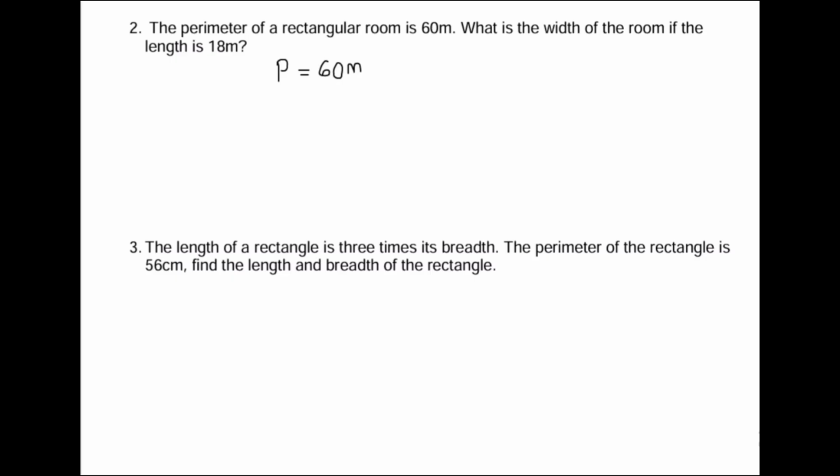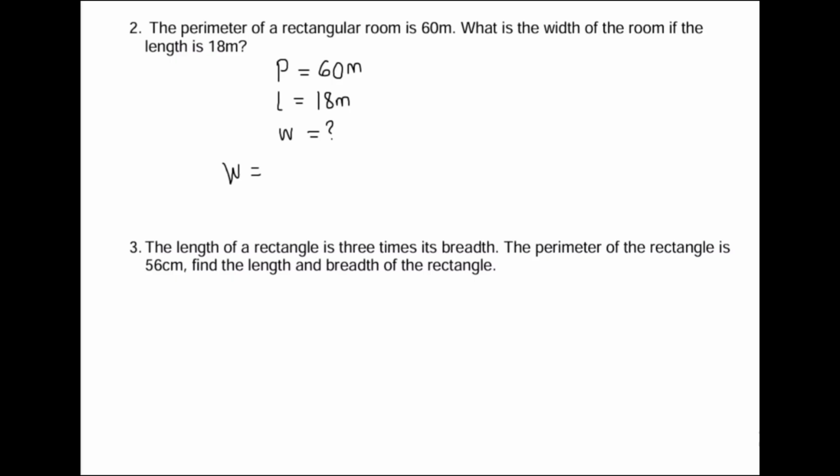Then I'm going to write, what else do I have there? Length equals 18 meters, I meant. So that's 18 meters. So the question wants us to find the width. So the width, we don't know. So I'm putting a question mark there.